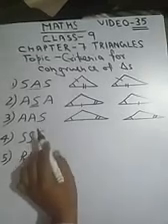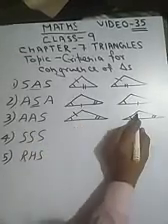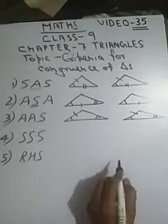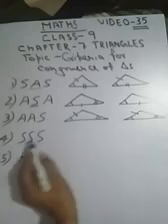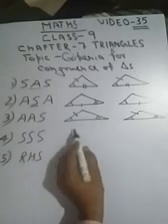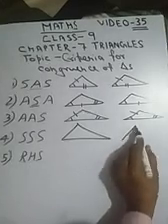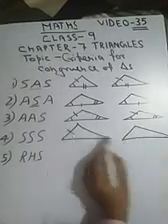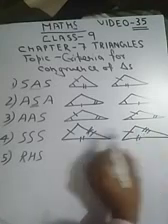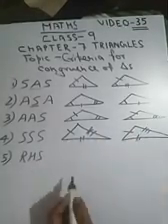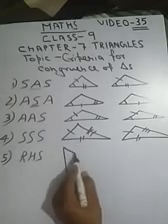Here the side is not included, so we can take the side anywhere. Let's take this. So by AAS this is congruent, and by SSS, all corresponding sides are equal. This equals this, then this is congruent. For RHS, see, R stands for right angle.